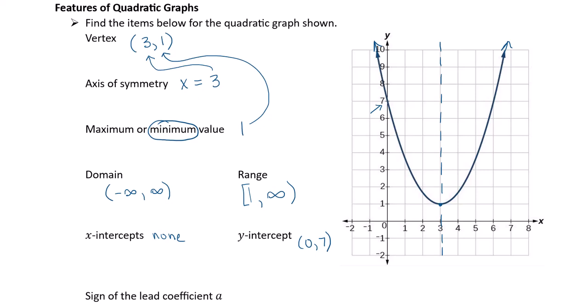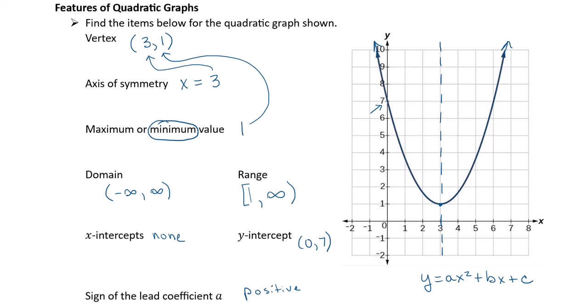And the sign of the lead coefficient a. All right, when we are looking at a quadratic like this, remember it is y equals ax squared plus bx plus c. We take a quadratic, we set it equal to y, and then it's a quadratic function there. So the sign of that lead coefficient is positive.